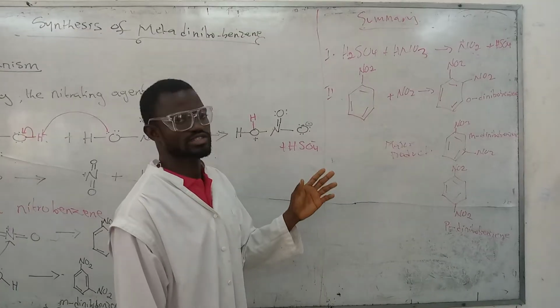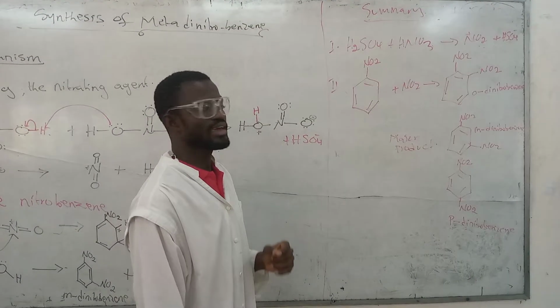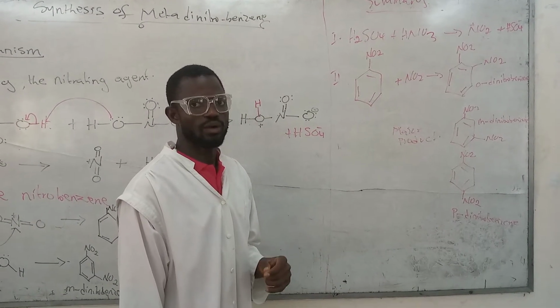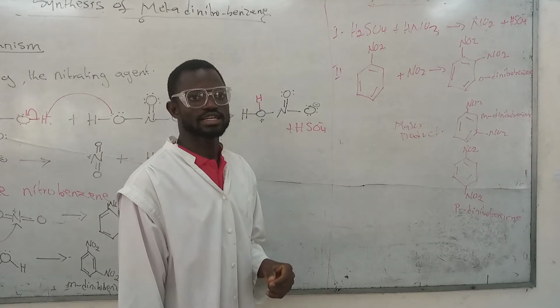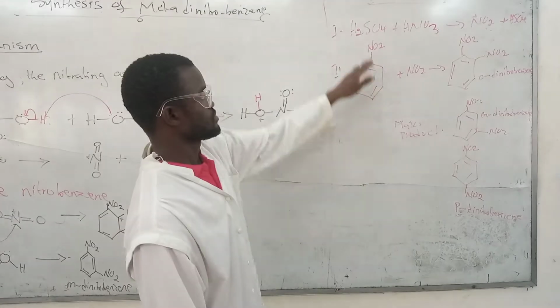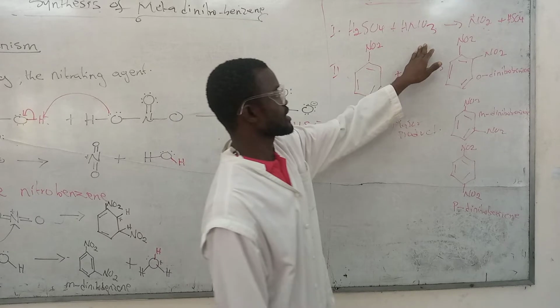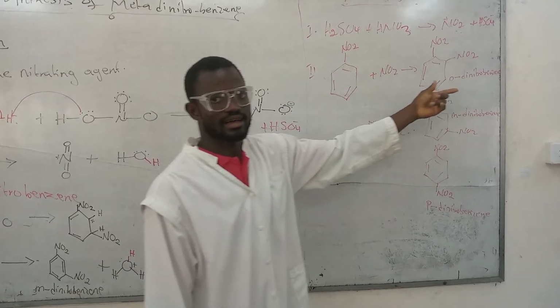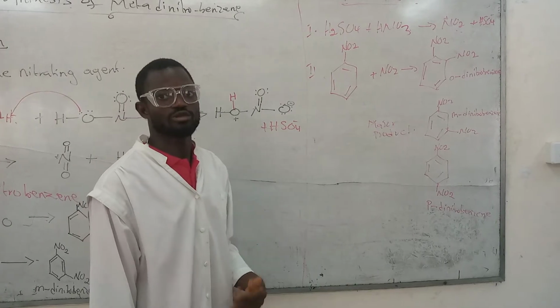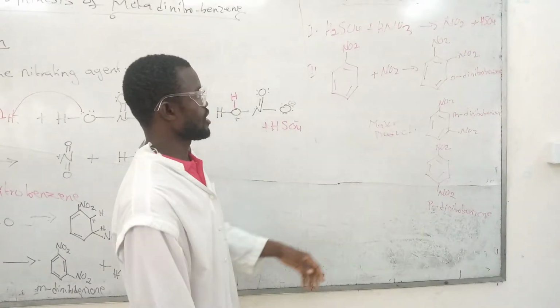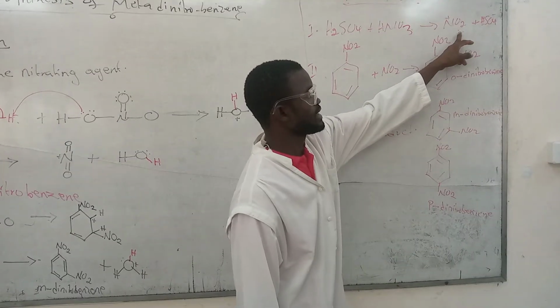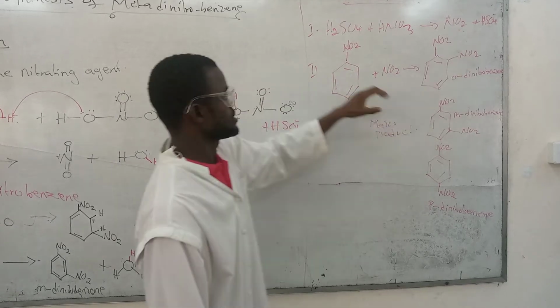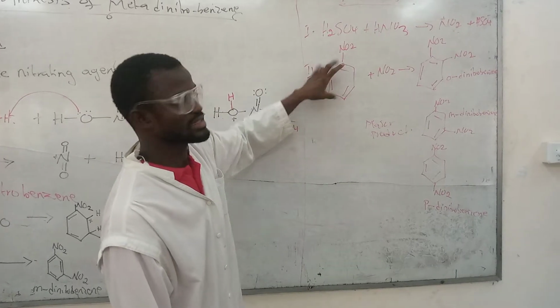The aim of this is to produce our electrophile, which is the nitro group, so that it can attack the nitrobenzene to form the meta-dinitrobenzene.